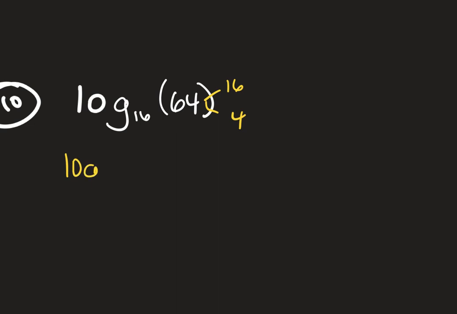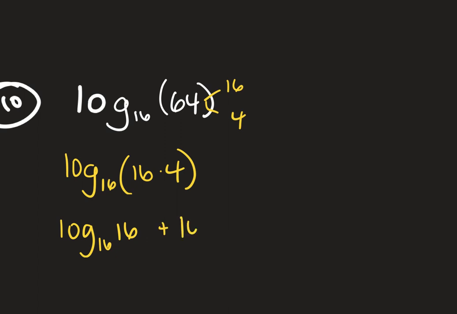So then I can say log of 16 times 4, which replaces the 64. And because it's multiplication, when I expand it, it becomes what? Addition. Good. So this would be log base 16 of 16 plus log base 16 of 4.